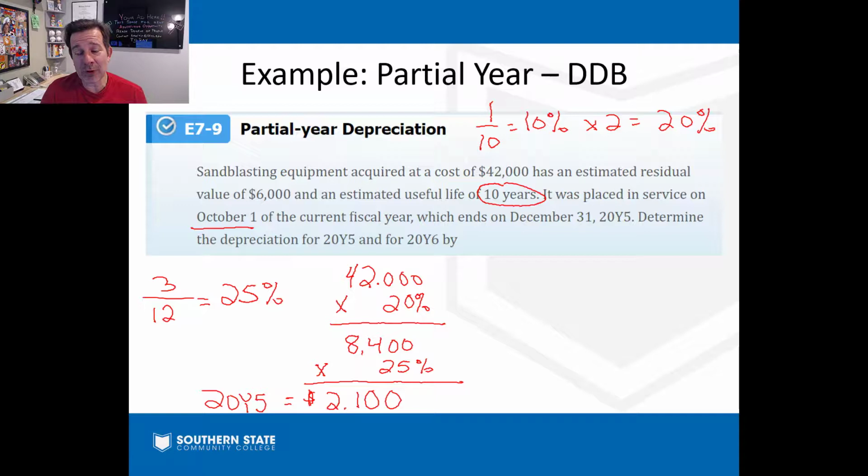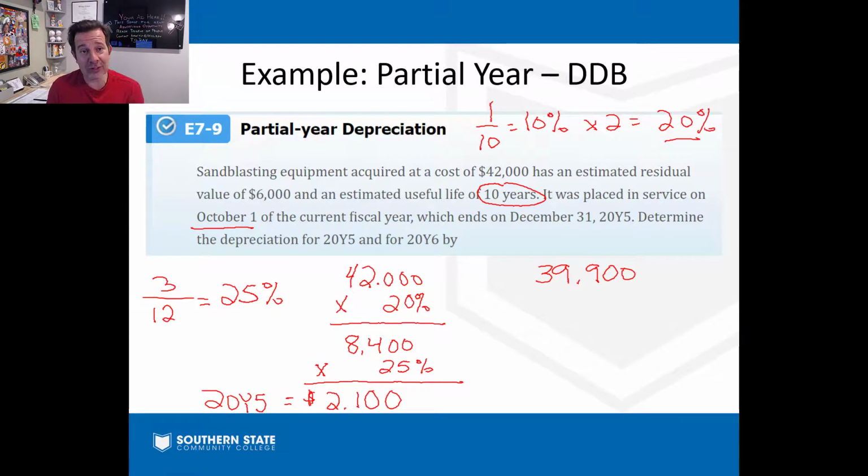Okay? So we move to year two. In DDB, we're always looking at the book value and multiplying it by that DDB rate. So our book value would be 42,000 minus accumulated depreciation, only 1 year. So 42,000 minus 2,100. We get some weird number here, 39,900.